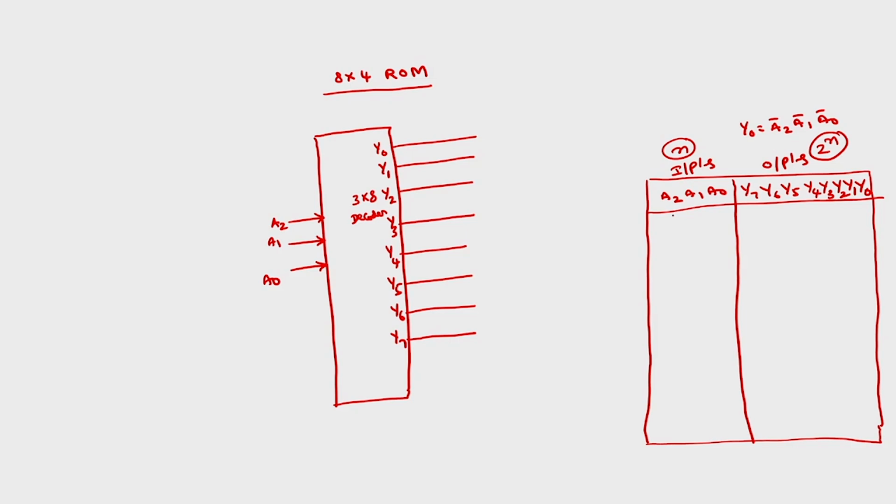Okay. Here for 0, 0, 0, only Y0 will be selected. For 0, 0, 1, only Y1 is selected. Similarly, for 1, 1, 1, only Y7 is selected.